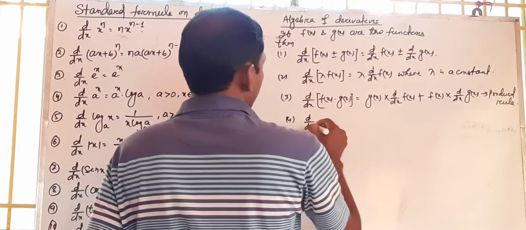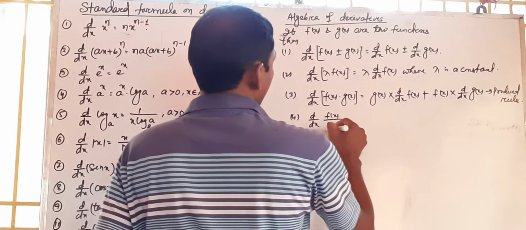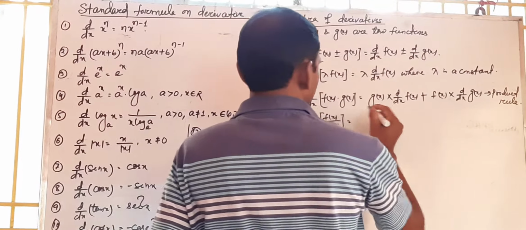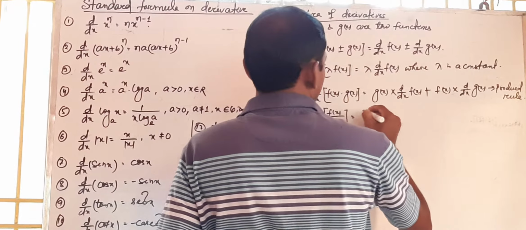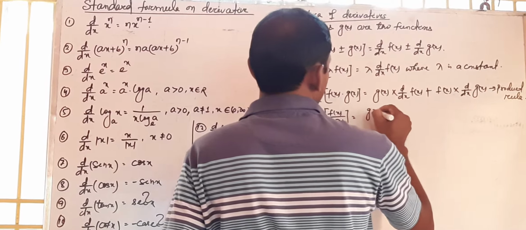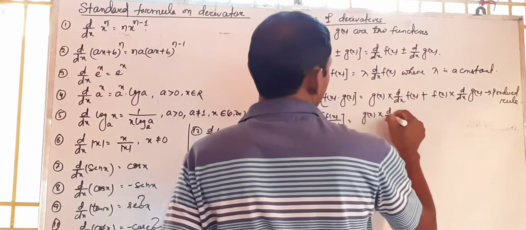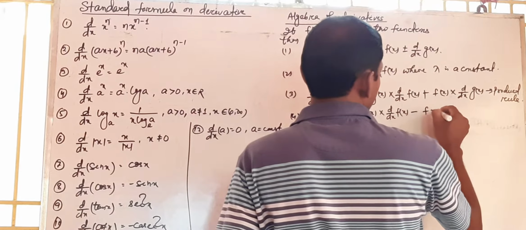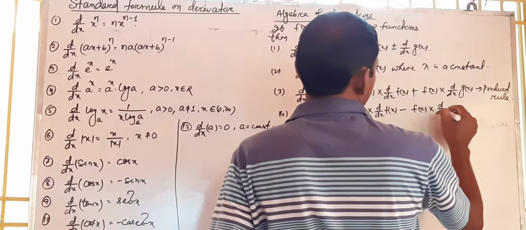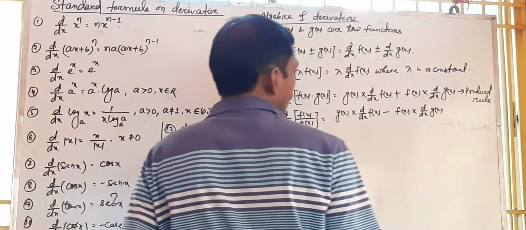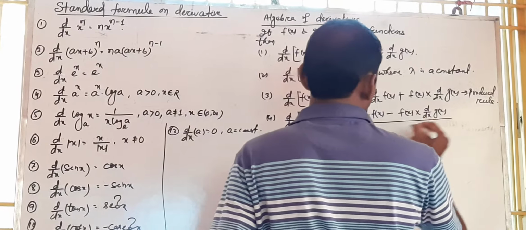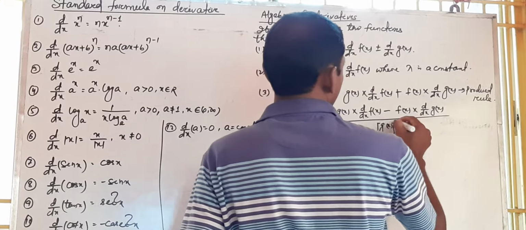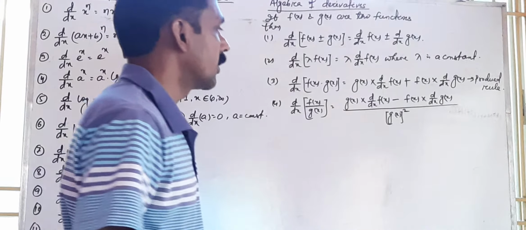Similarly, d by dx of f of x by g of x is equal to g of x into derivative of f of x minus f of x into derivative of g of x, whole divided by square of g of x.